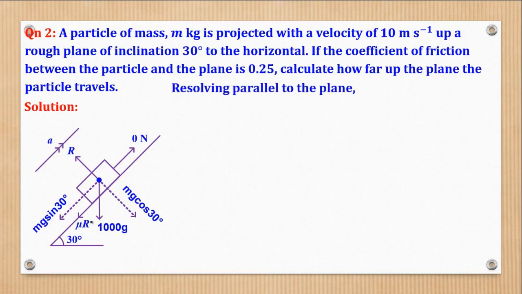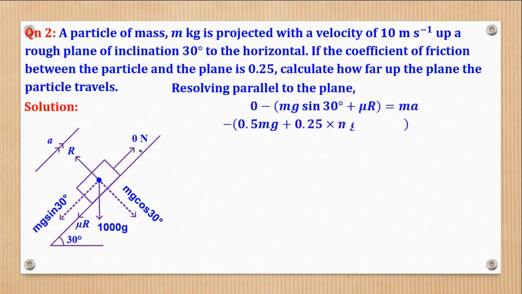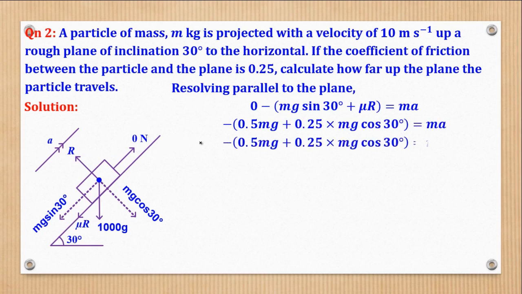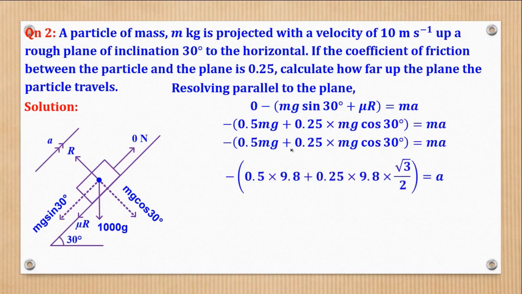So resolving part of the plane, it will be this minus these two equal to MA. So you come and put it there. Substitute. Simplify. So here we have substituted 0.5.